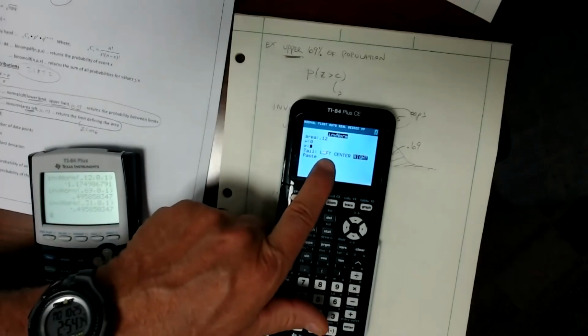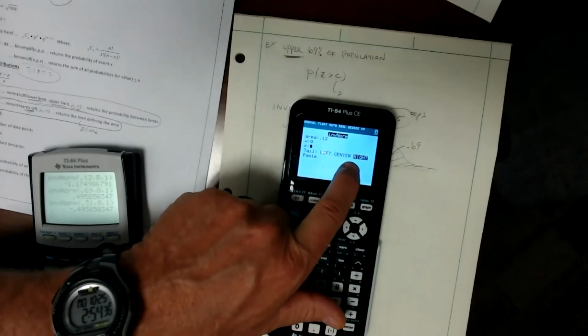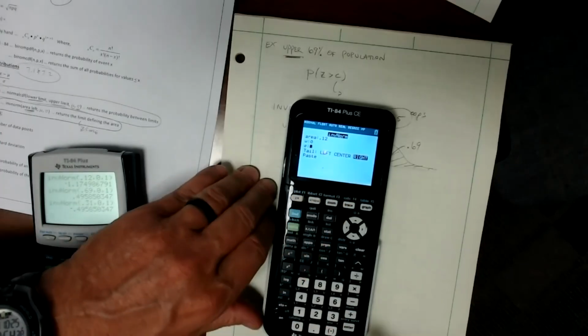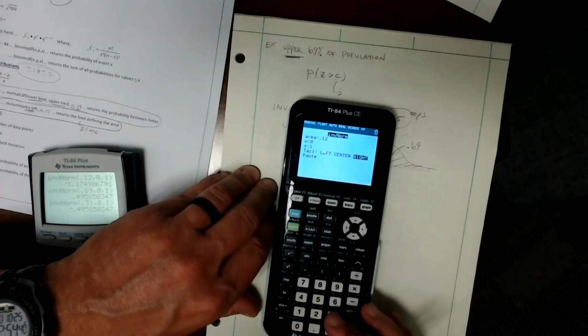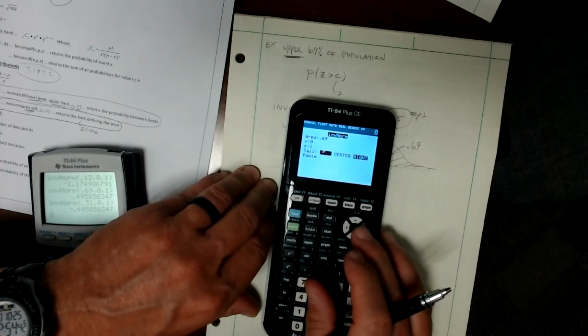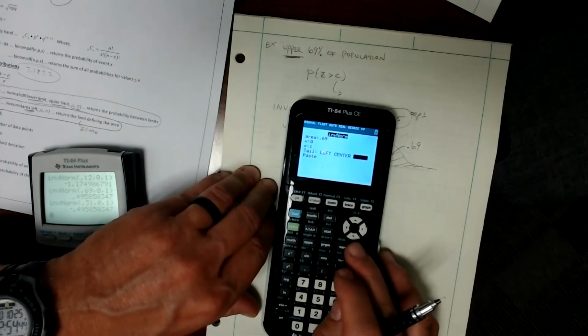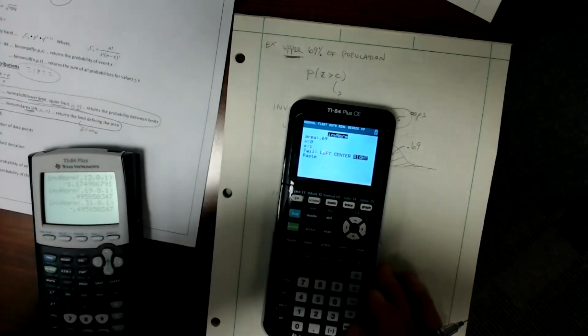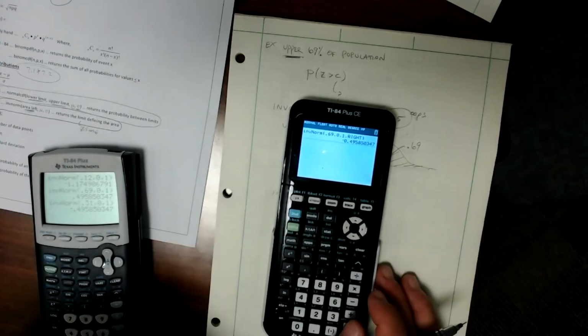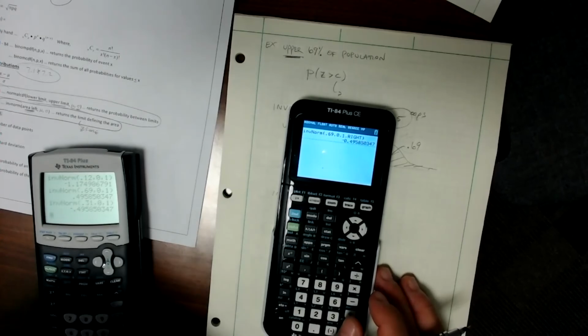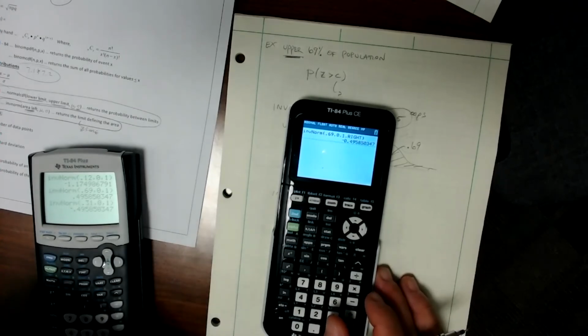Notice it actually lets you type where the tail is. So I could go in here and type 0.69 as long as I made a note that that's a right side tail, like that area is on the right side, and it'll still give me that negative 0.49 answer. So that's kind of cool that they added that in. Then I don't have to think.